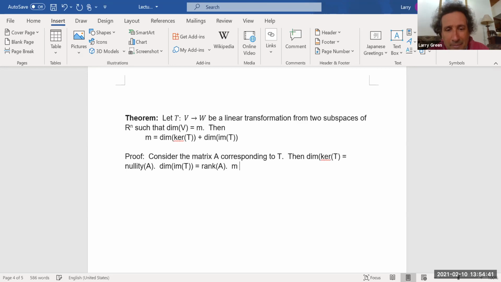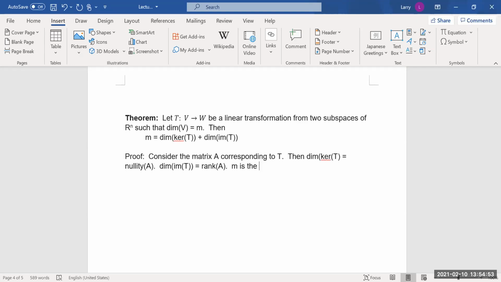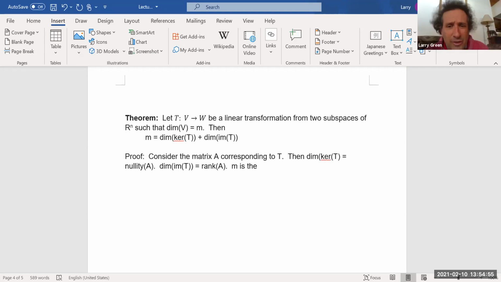What is M in terms of A? Column space. Close. No. Closer than row. So M's a number.